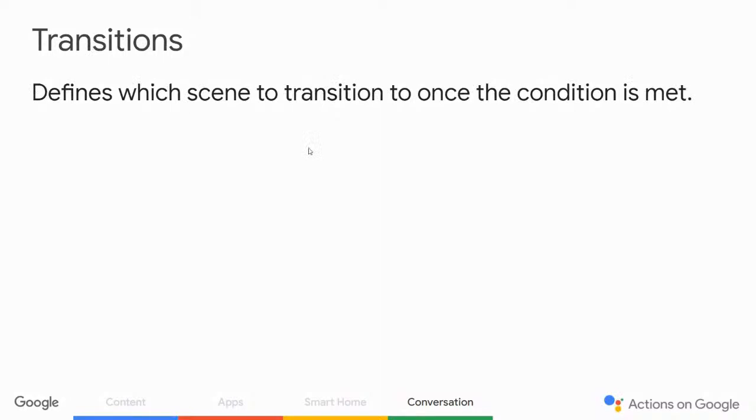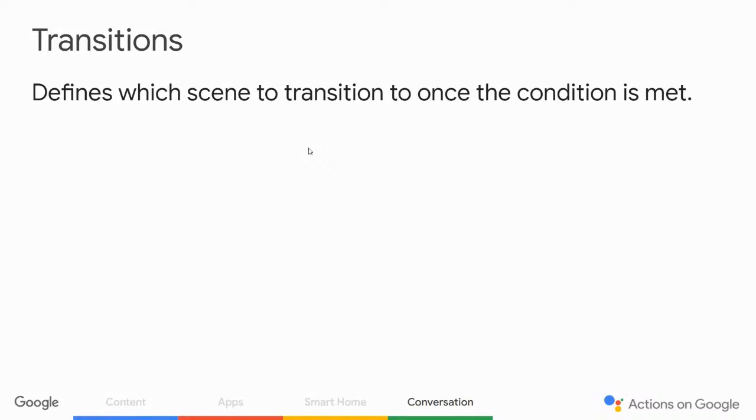Now, transitions. If you looked at the test application that we showcased earlier, there were different screens or scenes that we were transitioning to. So basically, transitions means you define which scene to transition to once the condition is met.